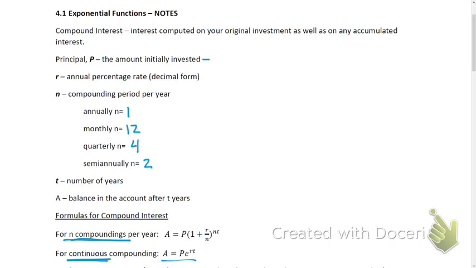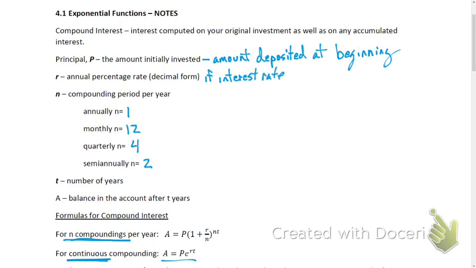P up here, this is the amount you deposit at the beginning. R, if interest rate is, for example, 4%, we're going to use R equals 0.04.